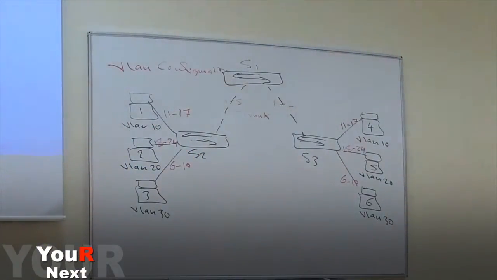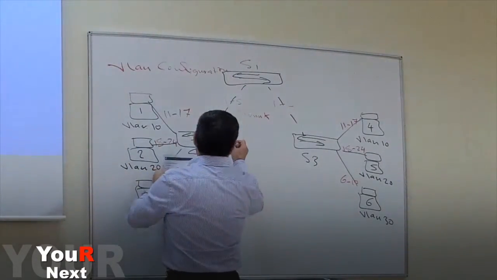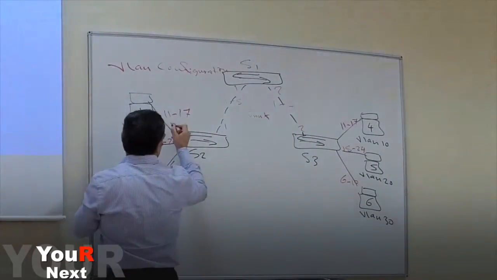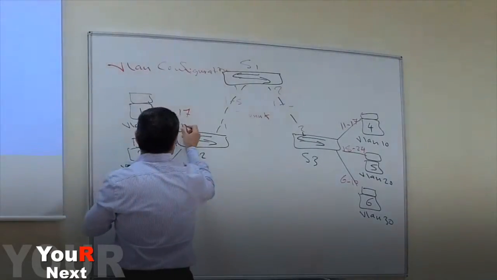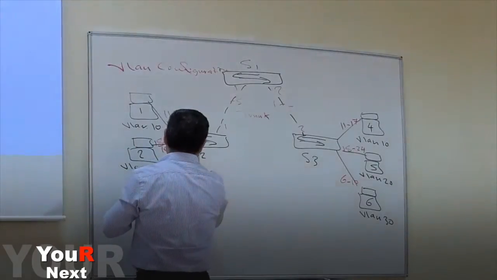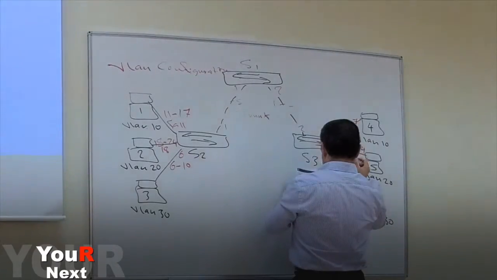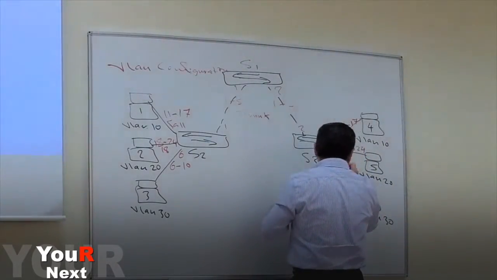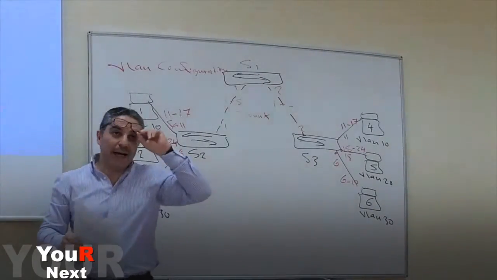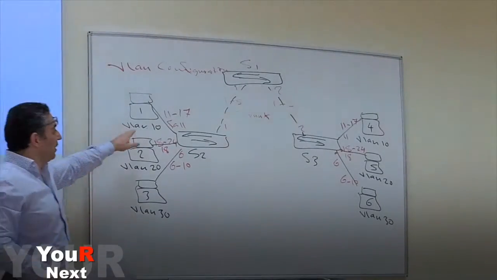So here port number 1, here 1, here 2, here 2, and here 11, and here 18, and here 6. Here the same: 11, 18, 6. Most important, because why? Later we're going to take some port numbers and add them to different VLANs.